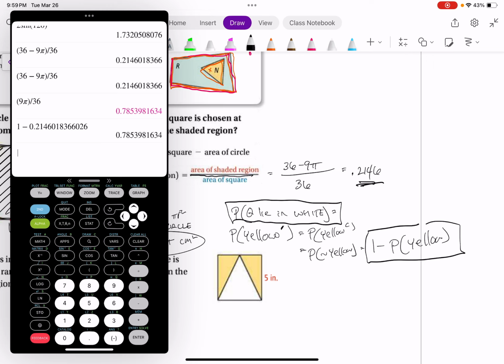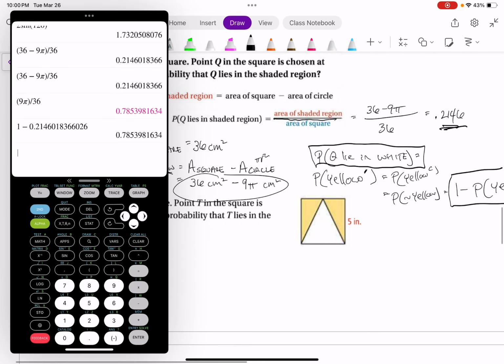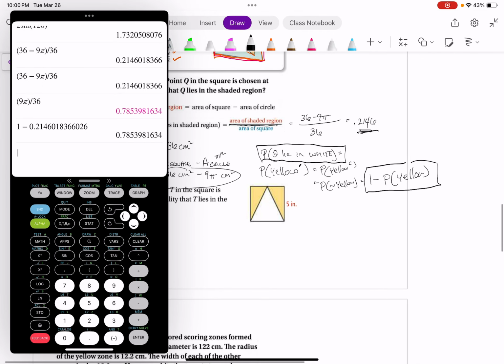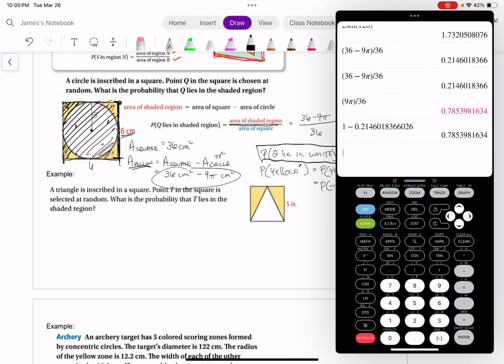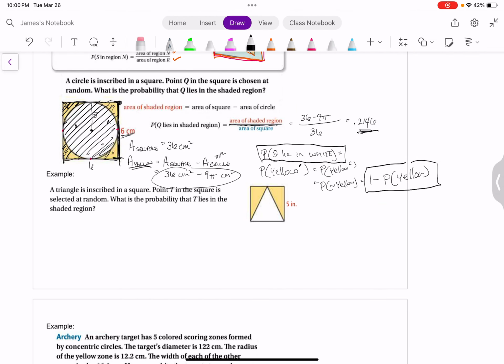Okay. So that's kind of the idea behind complements and how we can use them to make our calculations a little bit easier in certain applications. The next one says a triangle is inscribed in a square. Point T in the square is selected at random. What's the probability that T lies in the shaded region?